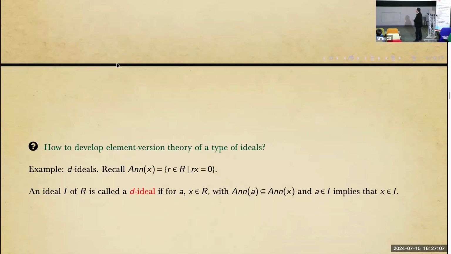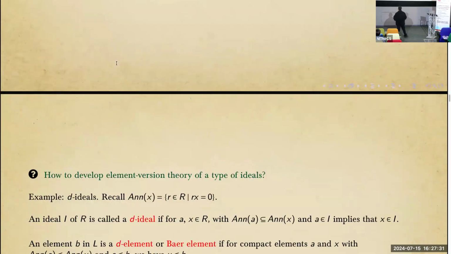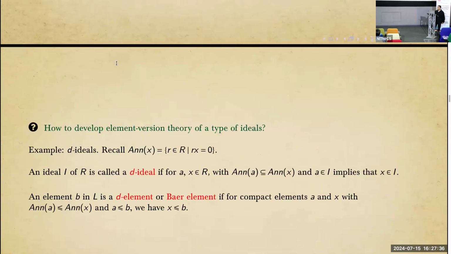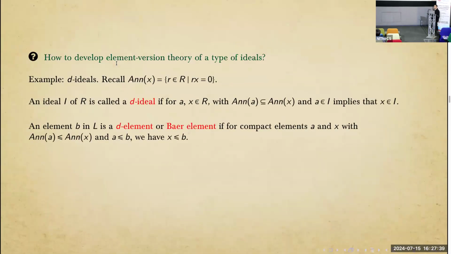So what is a d-ideal? A d-ideal is one such that, for two elements, if the annihilator of one element is contained in the annihilator of the other, and one of the elements is in the ideal, then the other element is in it too. Then you can, without any effort, immediately convert it to the corresponding element. You define the annihilator exactly as it is, because we have multiplication in our multiplicative lattice, and then the annihilator element will be an exact copy of that, where you replace the containment with less than or equal to, which is very obvious.